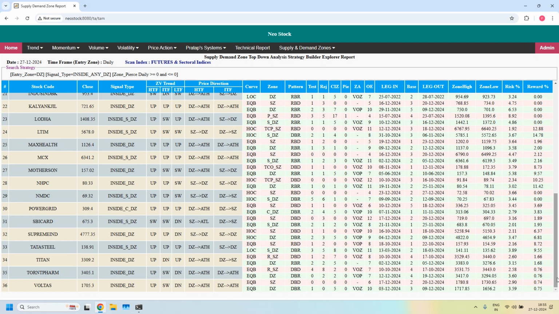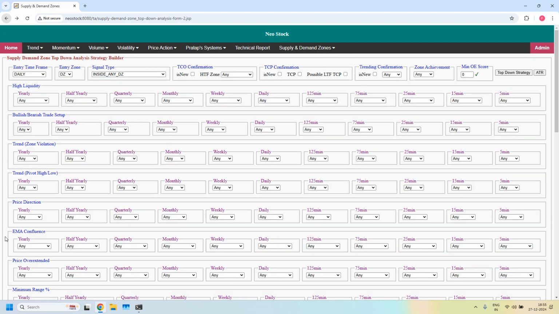We can further filter this list by adding a high probability parameter, daily EMA confluence for daily demand zones. So let me add that filter. In the EMA confluence, at the daily time frame, daily demand zone having daily EMA confluence.